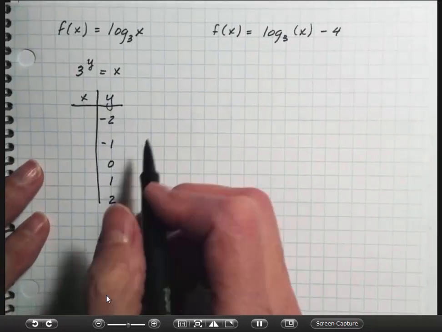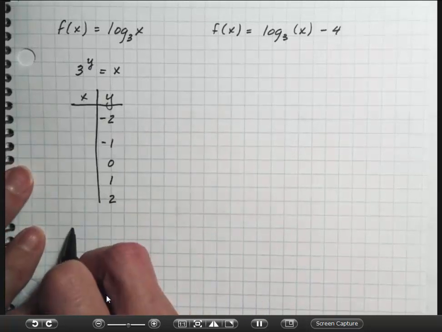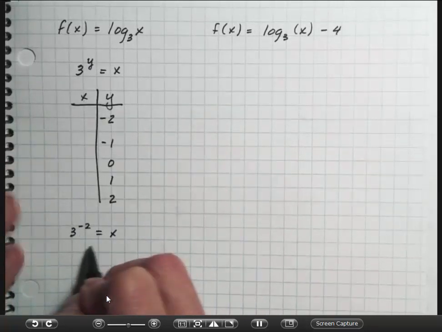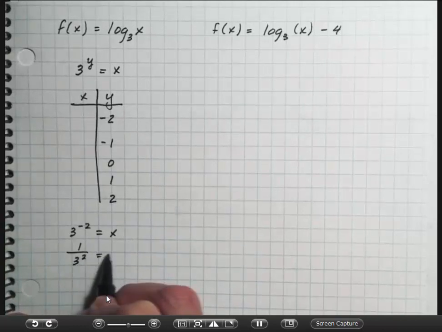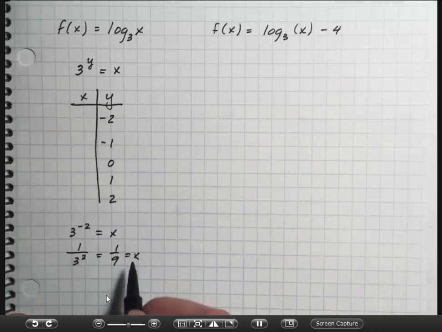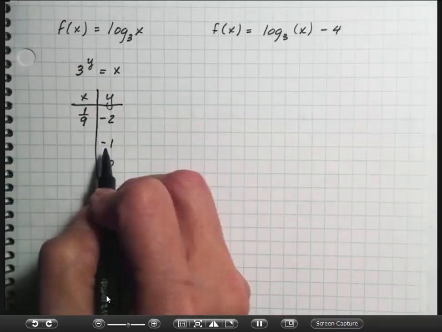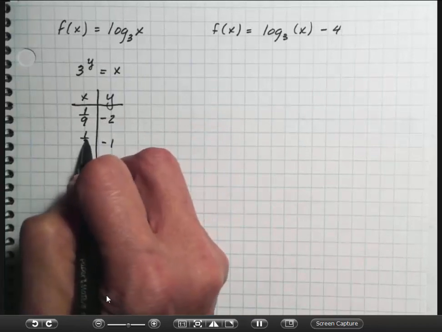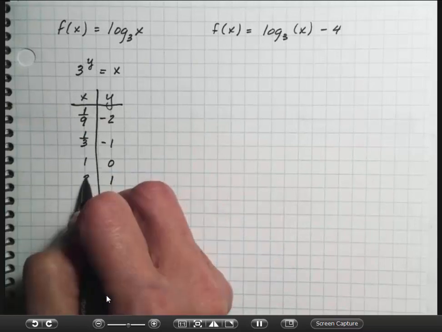And just like with the previous example, when I put in -2 for y, I can rewrite that with a positive exponent as being 1 over 3 to the second, which is 1/9. So when y is -2, x is going to be 1/9. When y is -1, x will be 1/3. When y is 0, x is 1, then 3, and 9.